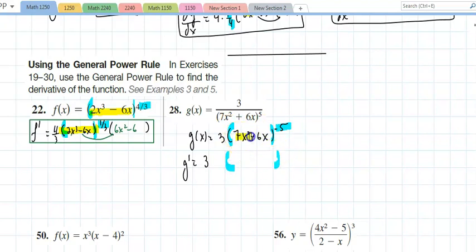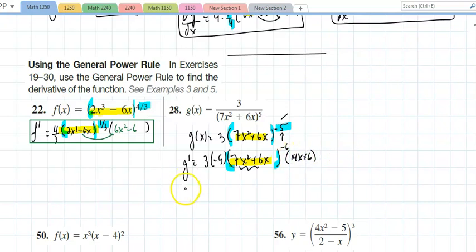The inside I leave alone. I'm not going to touch the inside. So it's kind of like getting a box within a box. You open the outsidemost box, and that's from a distance. When I said step back, you should see the power function first. Bring the power down, subtract 1 from the power, times the derivative of the inside, which is 14x plus 6.